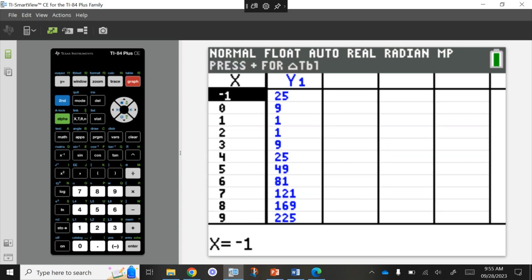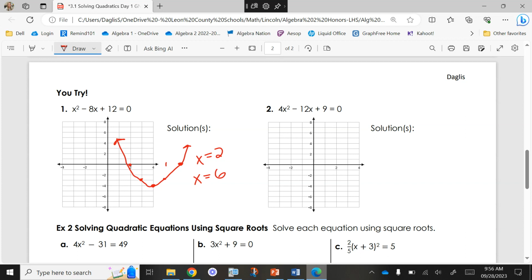Let's go to our table. Yep, it looks like it's in between 1 and 2. Now, because of symmetry, what is exactly in between those 2 points? 1.5, right? Does that make sense? 0, 9, which goes off. 1, 1, and then it was 2, 1, and then 3, 9 up here.